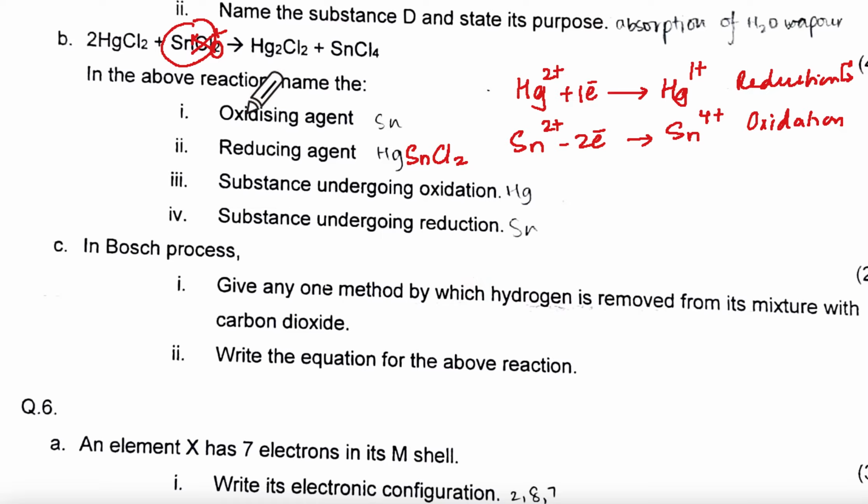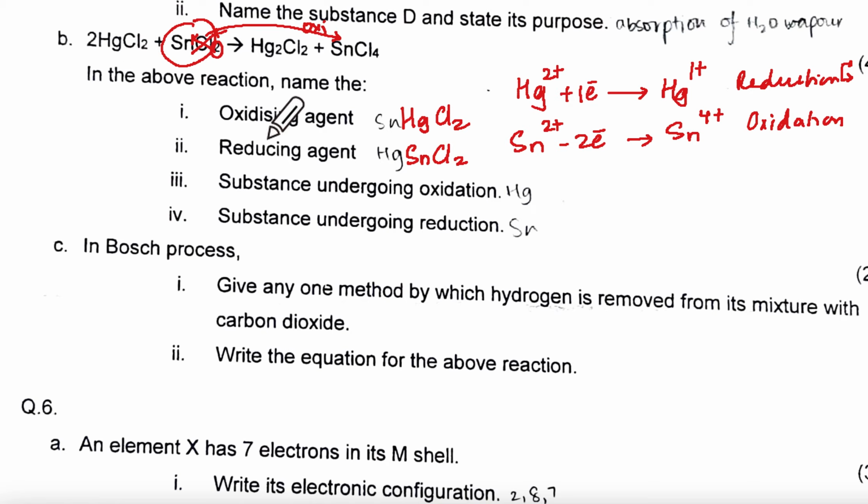Understanding, which is the oxidizing agent? The oxidizing agent will be HgCl2, because it is oxidizing Sn2 plus to Sn. See, from here to here oxidation is there. What made it oxidate?